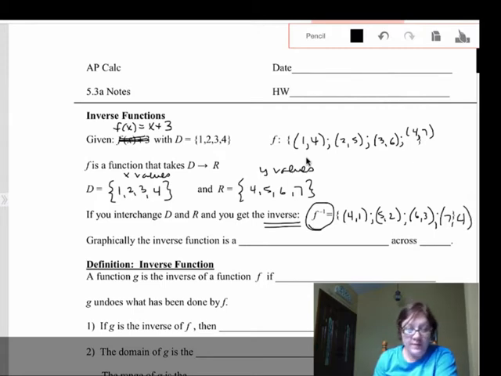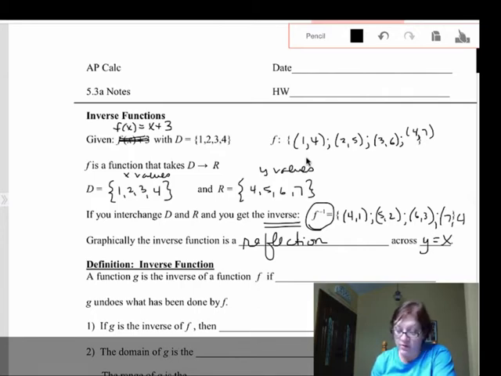So graphically, I don't know if you remember this at all, but they are a reflection across the line y equals x. And if you graph them, you'll convince yourself of that.